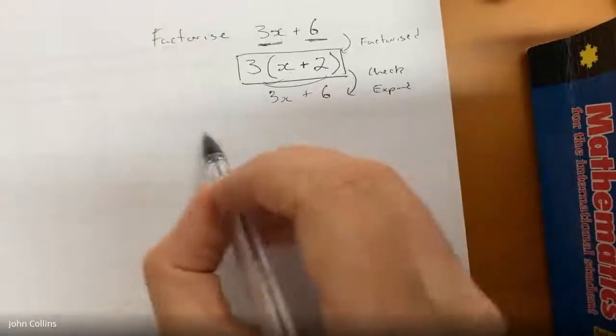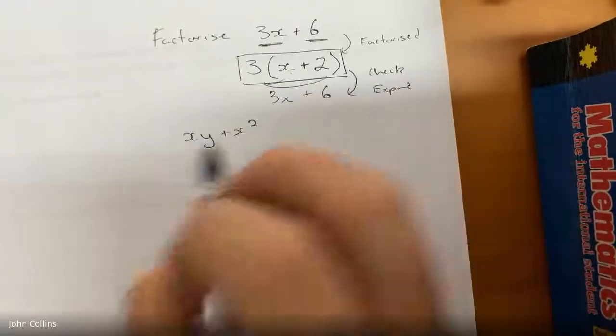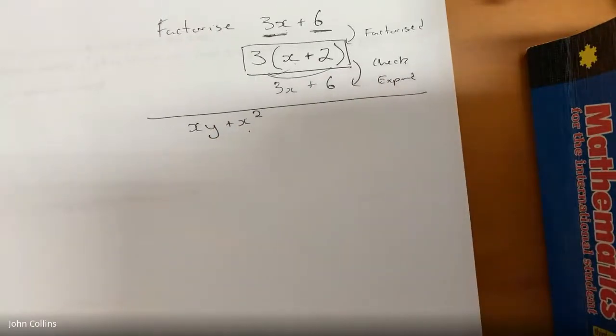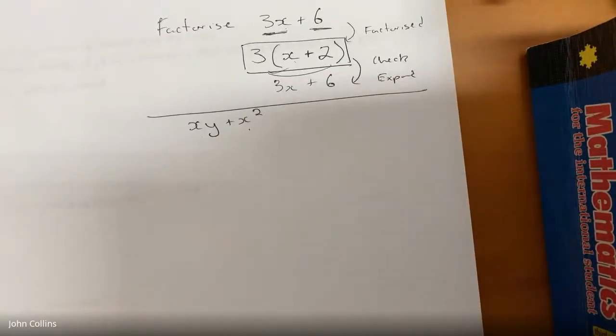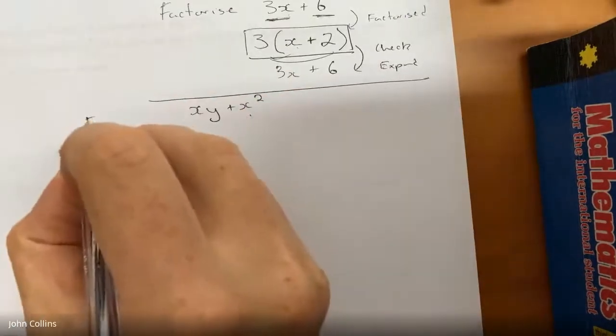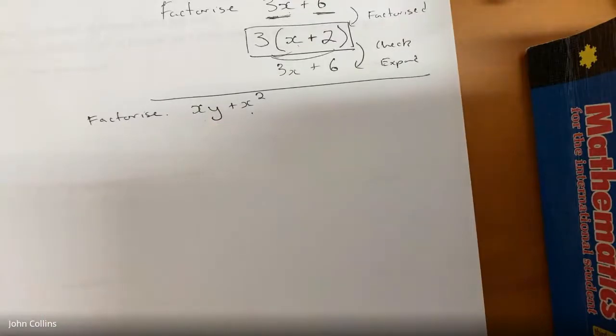Let's look at the second example. xy plus x squared. I want to factorize this. What's common to both? Now there's no numbers this time. So what's common to both? Type in the chat. One is common to both, yeah?